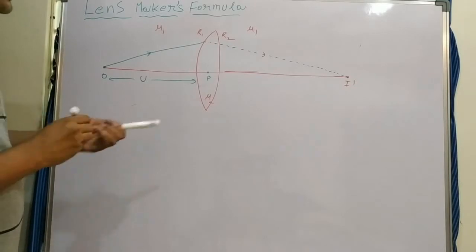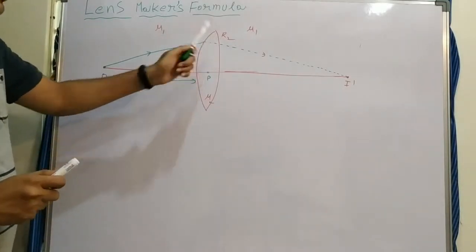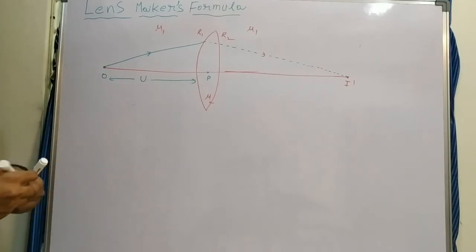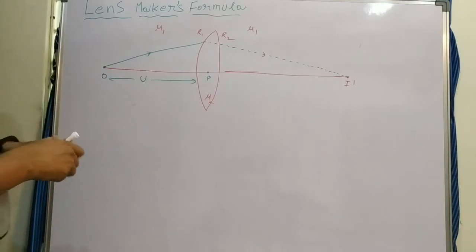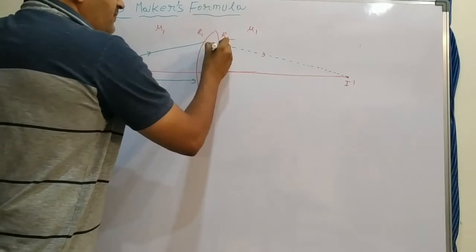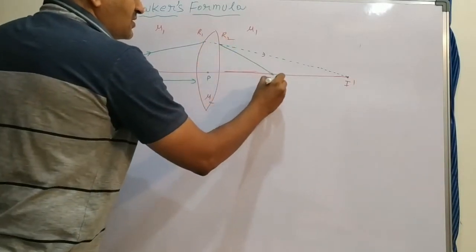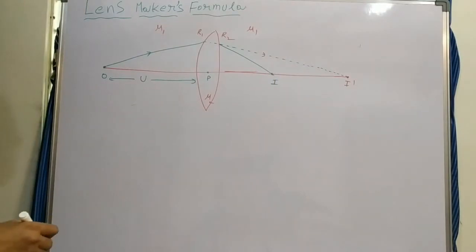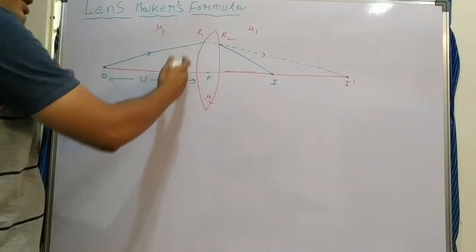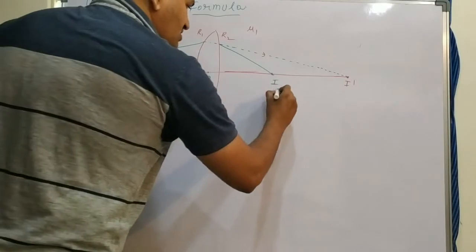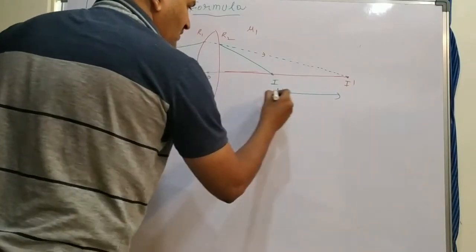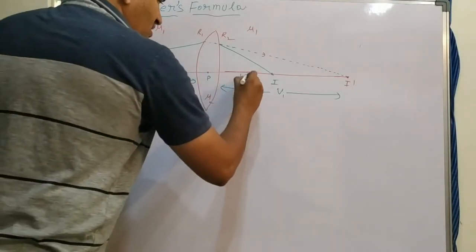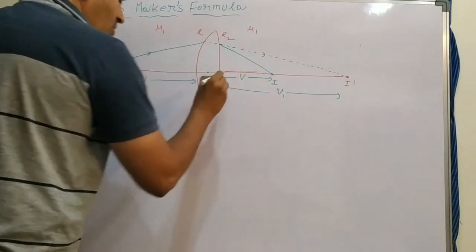Again this ray is modified when it hits the second surface, it gets refracted again, and it forms a final image somewhere here. That final image you can name as I. The distance of the first image formed by only the first refracting surface is V1, from here to here, and the final image distance is V, from the final image to the optic center.